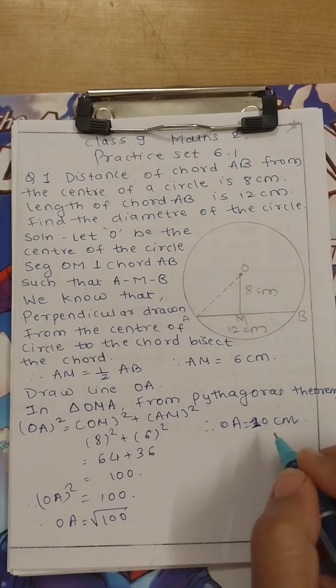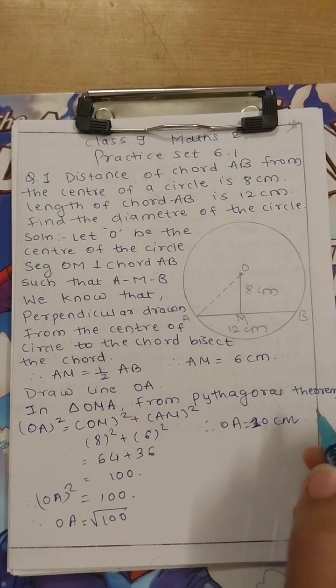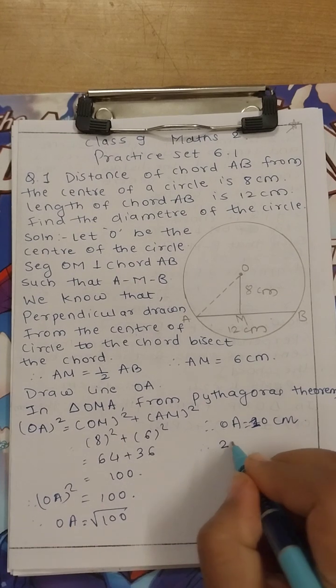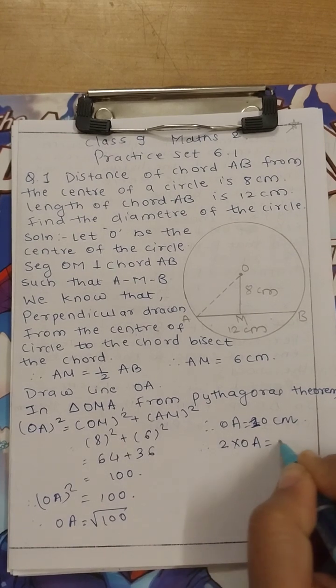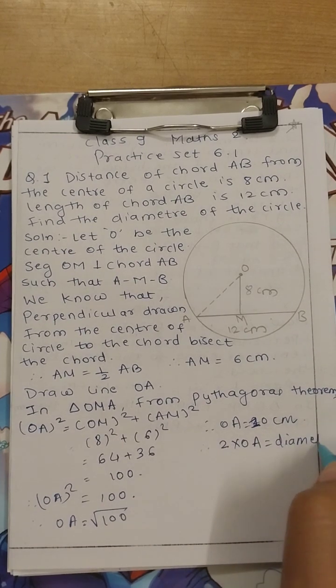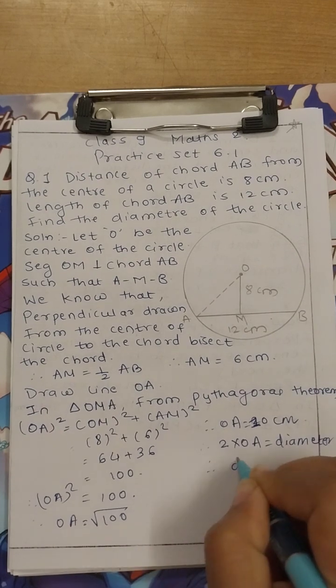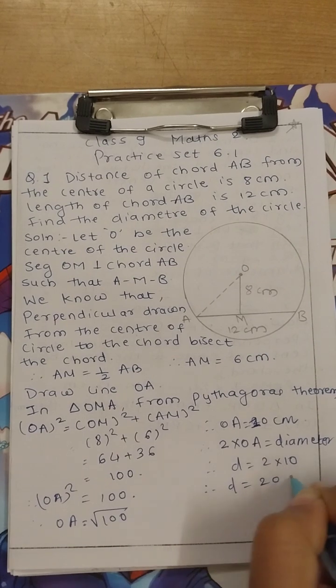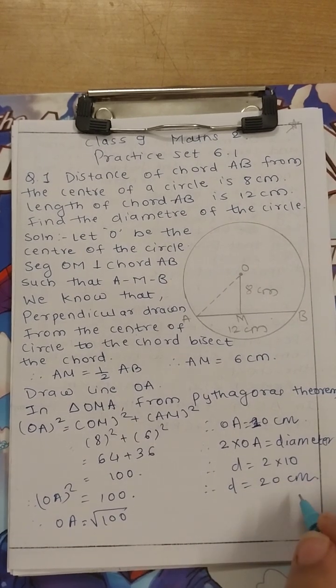But what we want is the diameter. OA is the radius. Therefore, twice the OA is equal to the diameter. Therefore, D is equal to 2 into 10. Therefore, D is equal to 20 centimeter.